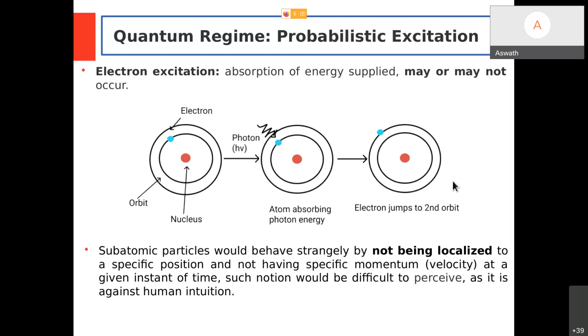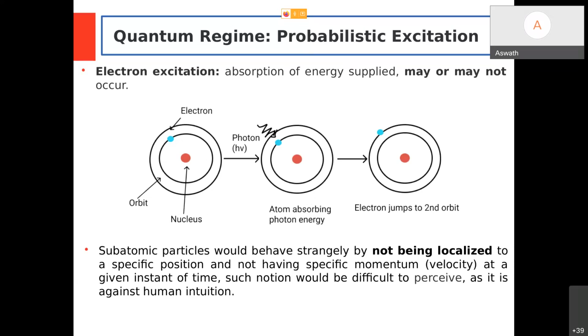What I mean is, if I take 100 atoms and supply 100 photons, one to each of those 100 atoms, out of 100, only 60 of them will absorb, and 40 of them don't absorb. That happens, right?